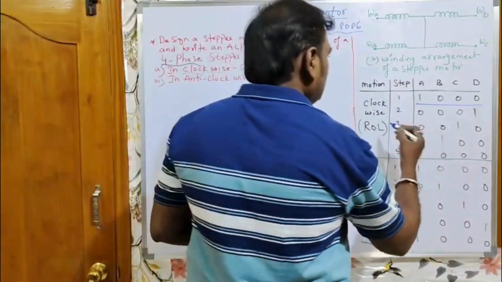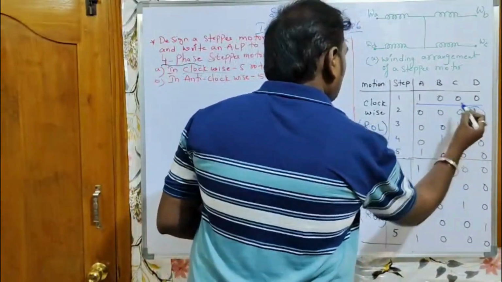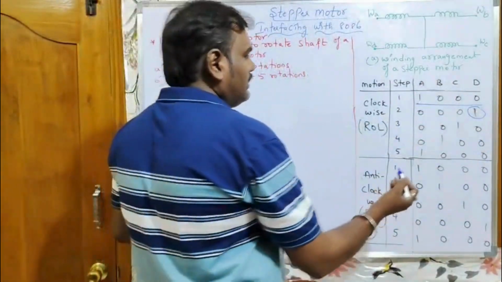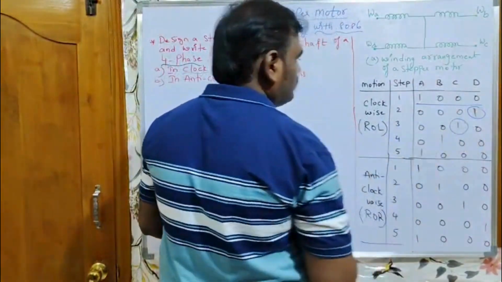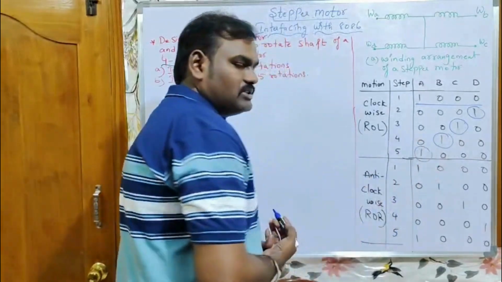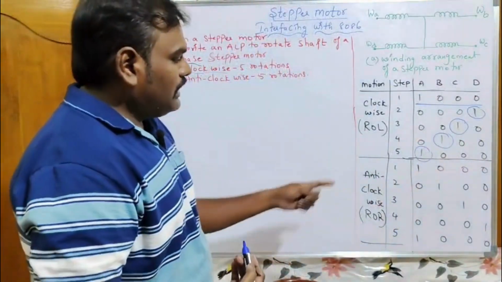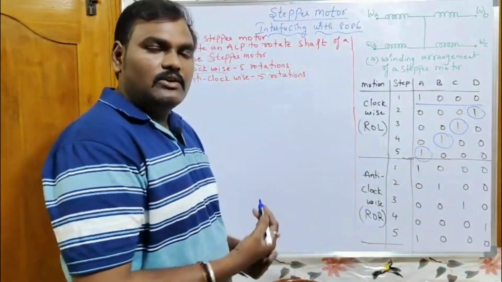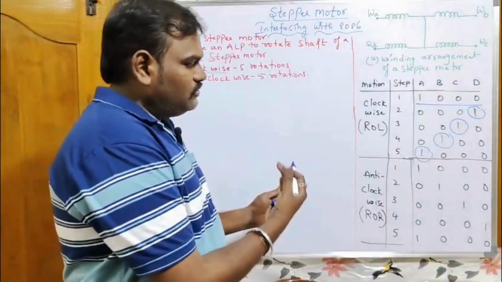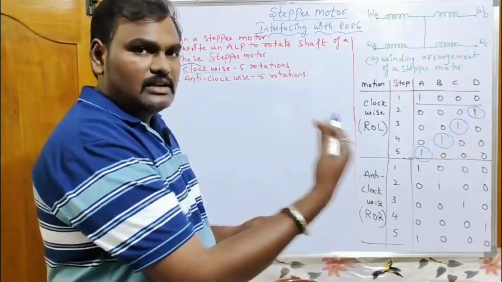In the second step, winding B is turned on. In the next step winding C is turned on, then winding D, and in the next step winding A is turned on. For anti-clockwise, we use the rotate right operation, which means we move the bits towards the right side.